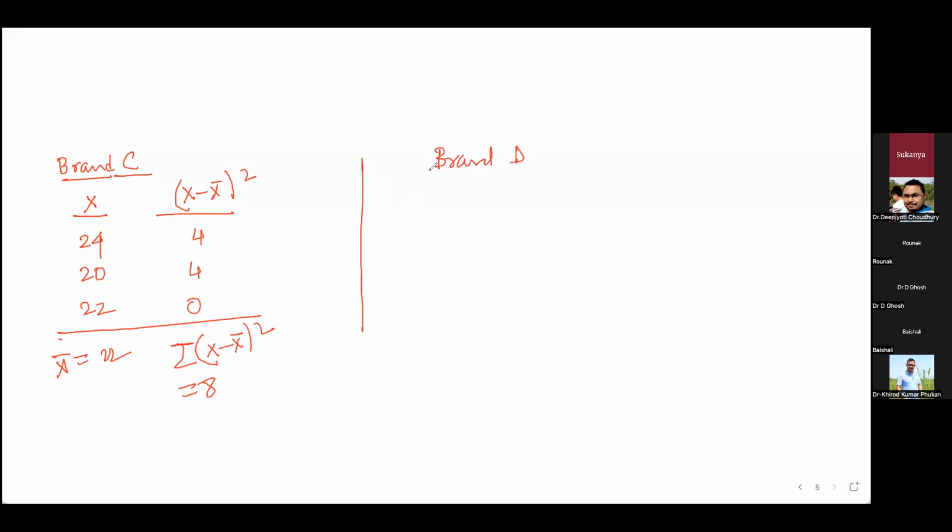Now, another for brand D. In brand D, what was the observation? x minus x bar whole square. So this is the case here. Now 23, 20, 20. And here the observation is x bar is equal to 21.